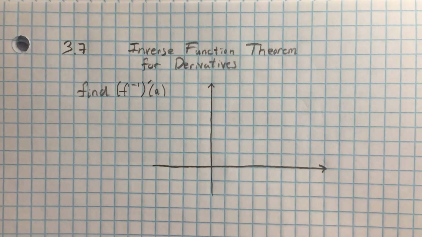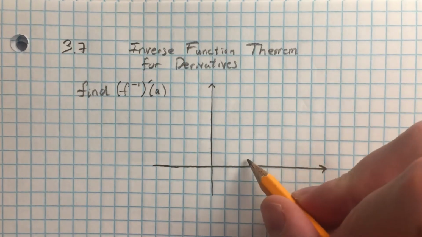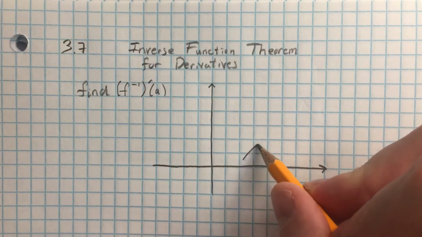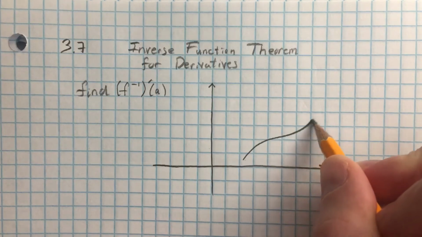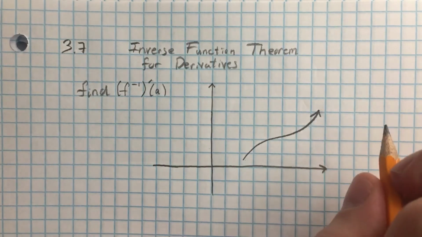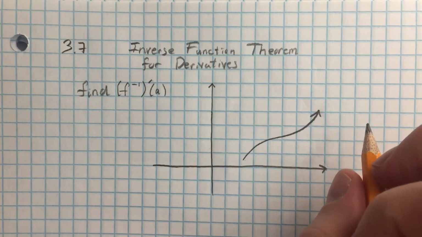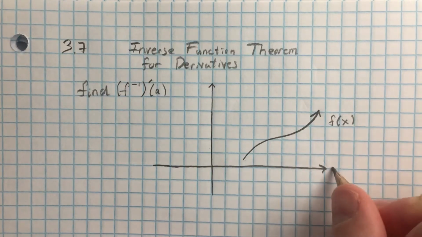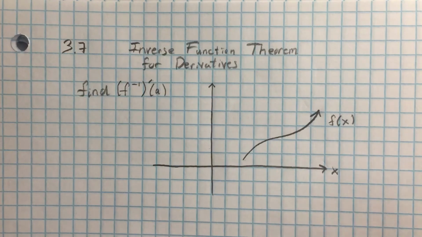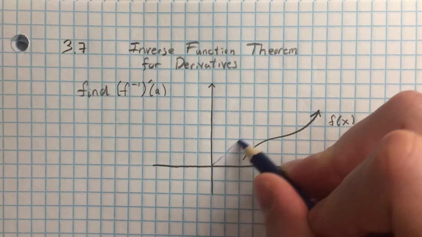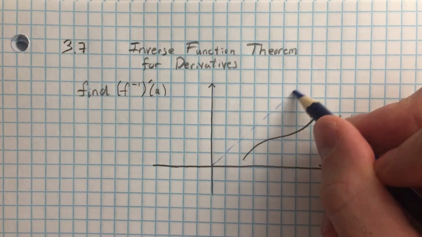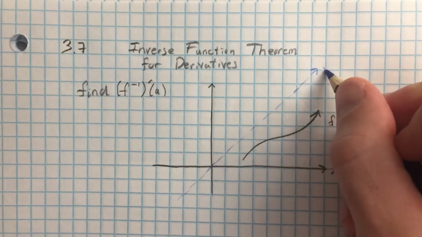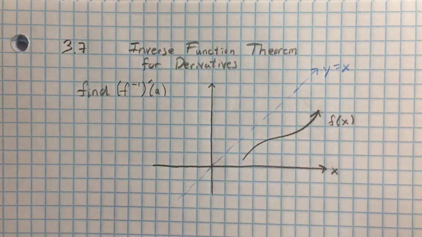One of them is that if I were to draw the function f that has an inverse, maybe something like that, then to draw its inverse, I should reflect the graph of the original function f about the line y equals x.